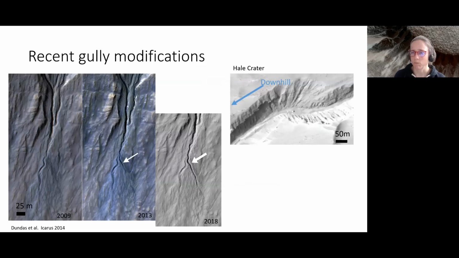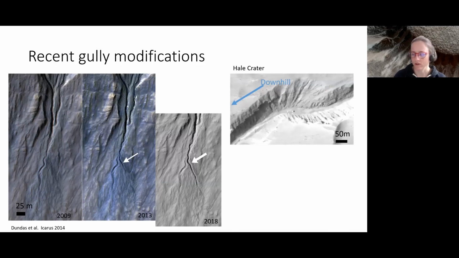In the example on the right, you can see a huge rock being transported downslope in this particular event, and other smaller rocks being moved about.